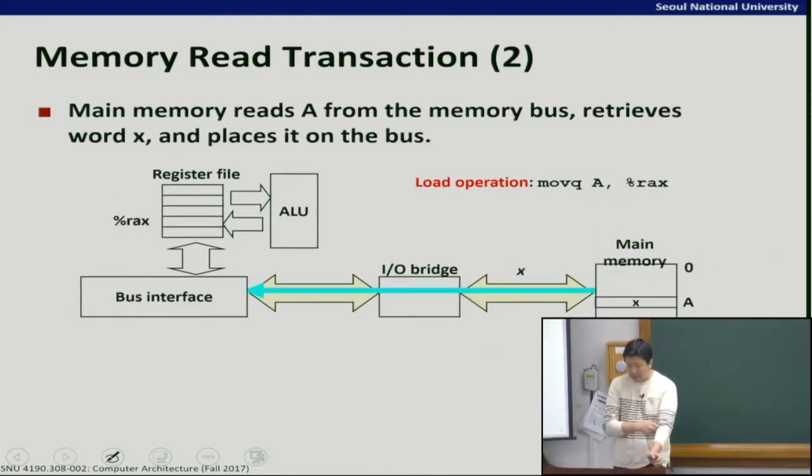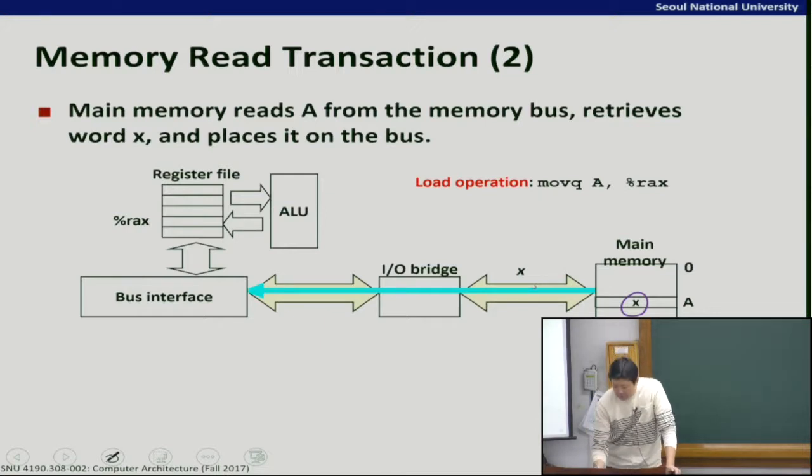Then main memory reads the value at memory location A and sends it through the memory bus. The memory reads the address A from the memory bus, retrieves the word X, let's say the value of this word is X, and places this value back on the bus.